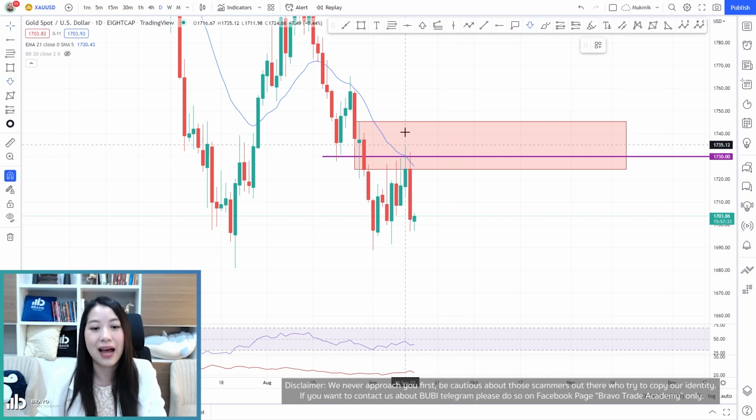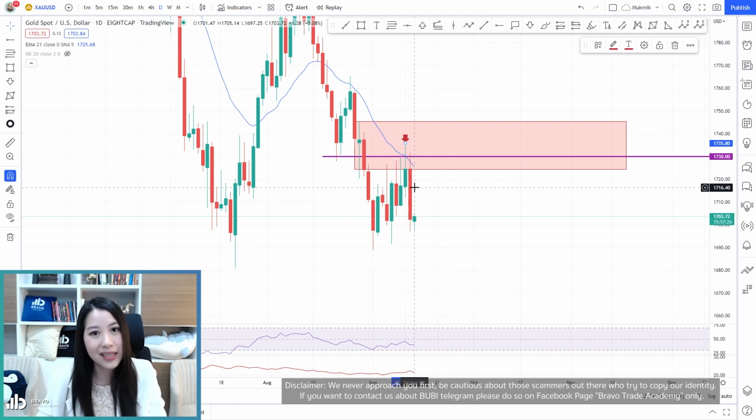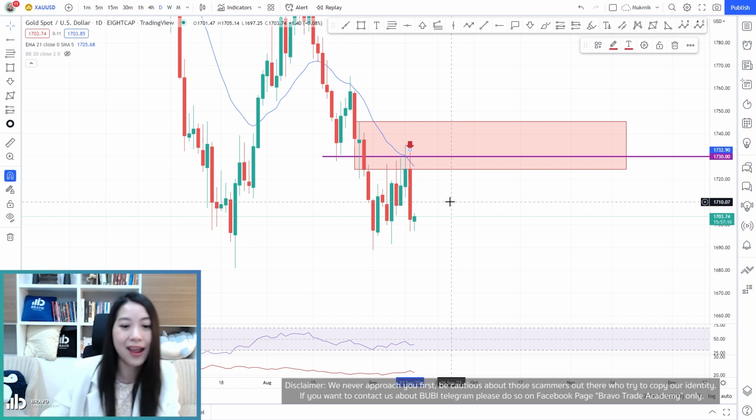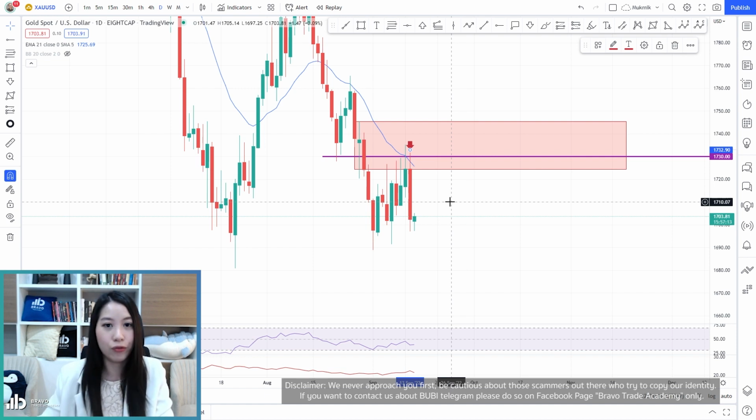And yesterday I said the price made this reversal pattern, so the next candlestick could be a bearish one, and it did. So a beautiful bearish red candlestick.